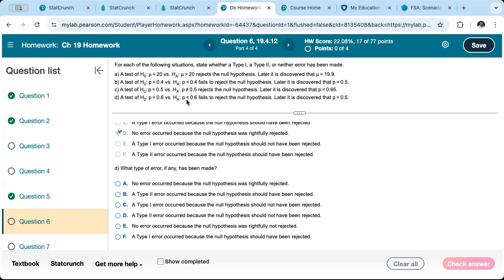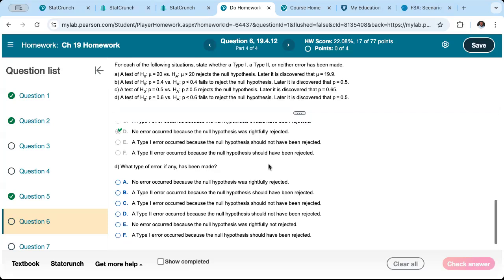What mistake did they make? Type 1 or type 2? Type 2, because type 2 is only when you fail to reject the null hypothesis when it is what? False. Is that okay? So failing to reject the null hypothesis when the null hypothesis is false, that is what? Type 2. So they made a type 2 error.